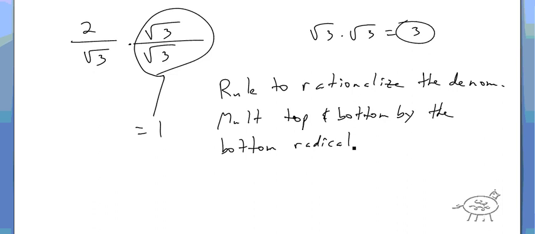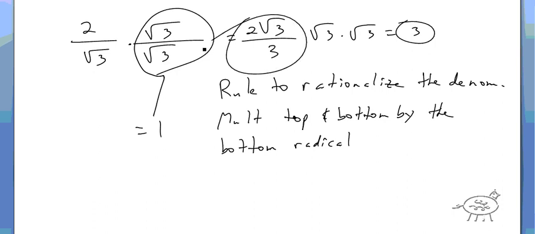That's it. If I multiply the top, I get 2 square root of 3. If I multiply the bottom, I just get 3. And that, math fans, is actually my answer: 2 root 3 over 3.